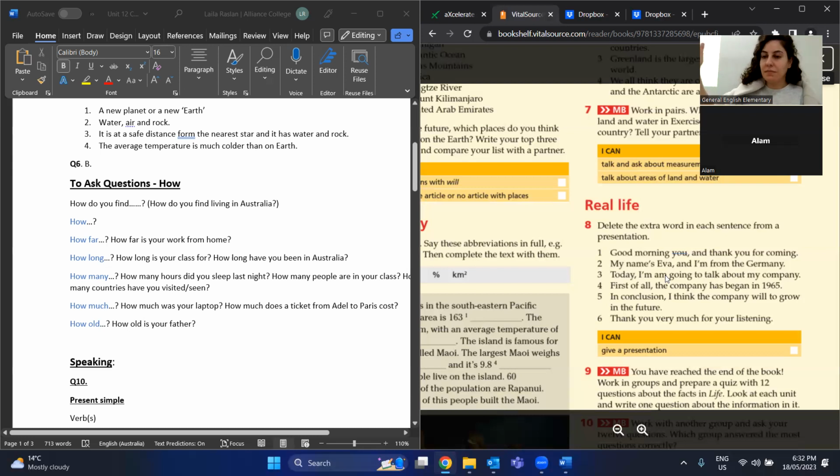So the company, simple past, began in 1965. So we cross off has. The company began in 1965. Because it's not still, it's began, it's a simple past. It started in 1965. Number 4, cross off has. That's the mistake.